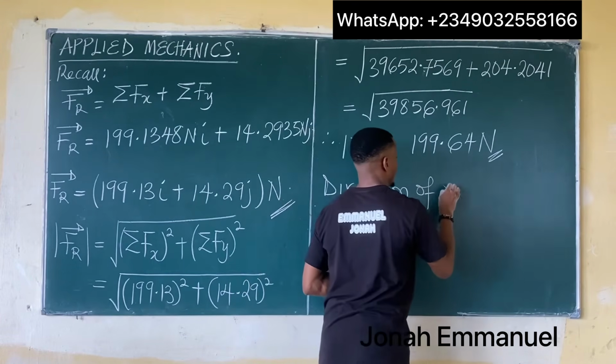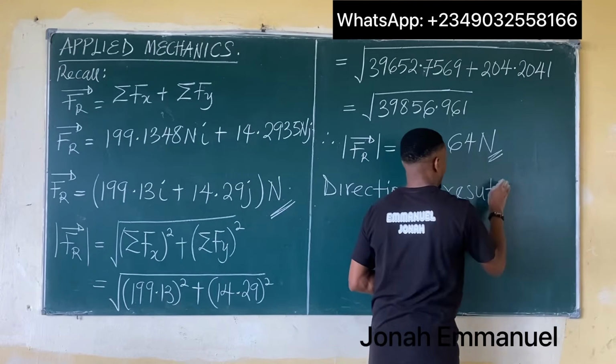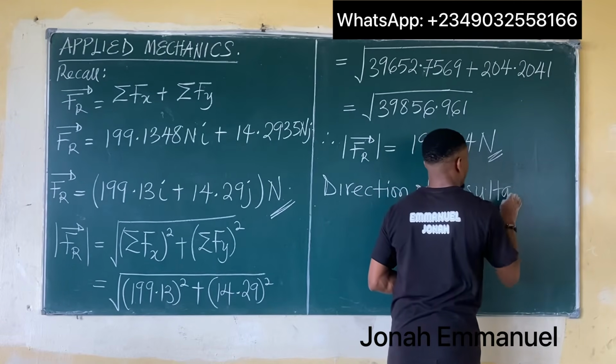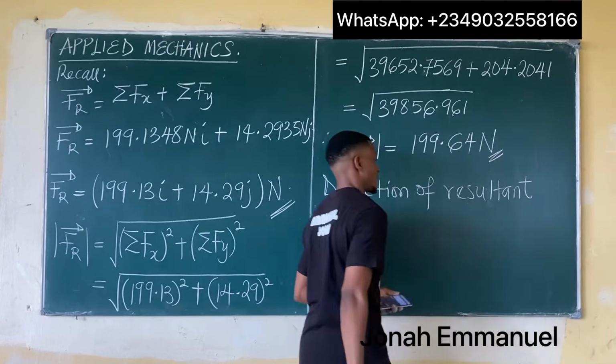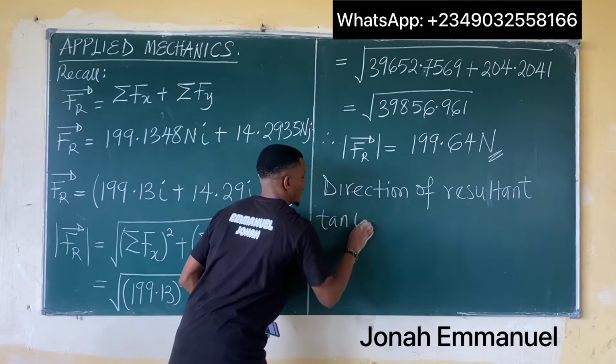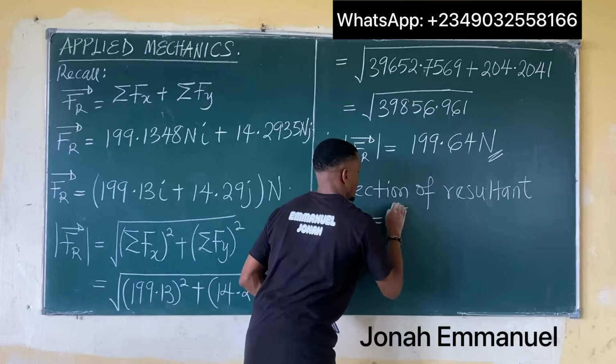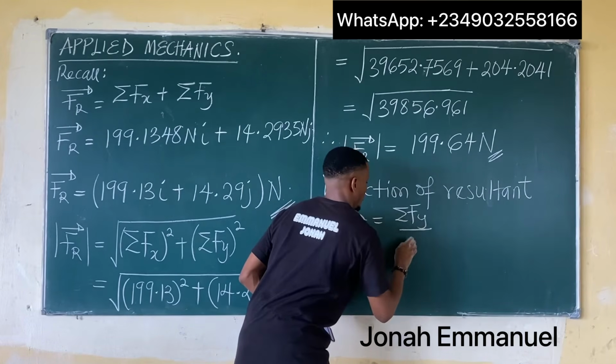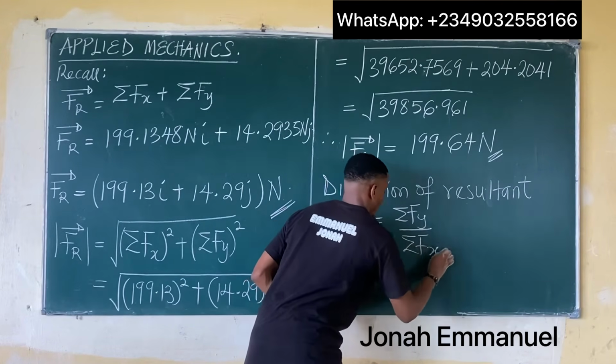Direction of resultant. Alright. So we said the formula is tan theta is equal to sigma Fy all over sigma Fx.